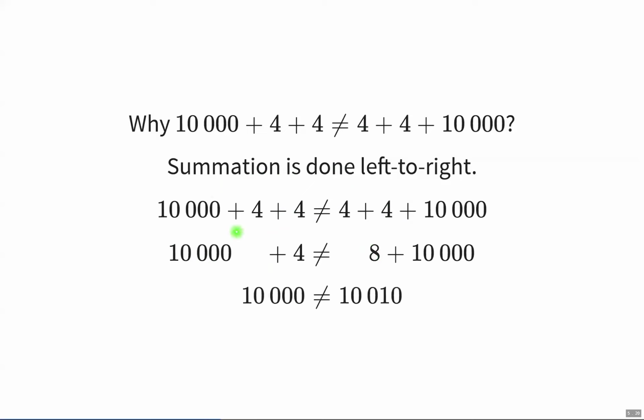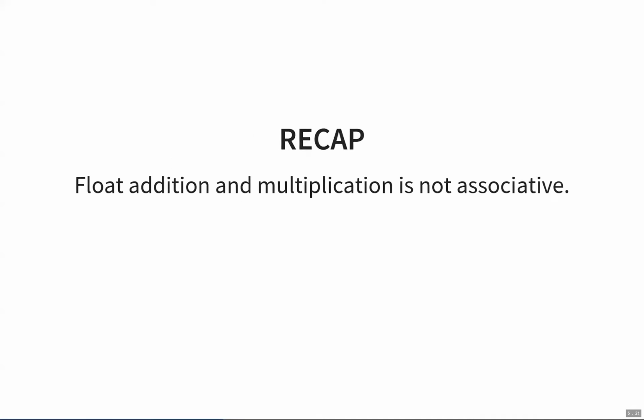And when we add it again, well, 10,000 plus 4 is still 10,000. Again, the 4 is lost. But here, now we are actually large enough that we will have to round up the result. So this is 10,010. And so this is now different, again due to the rounding there. So to recap, float addition is not associative.